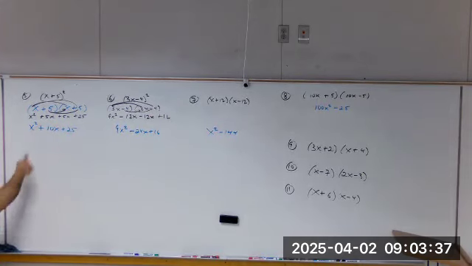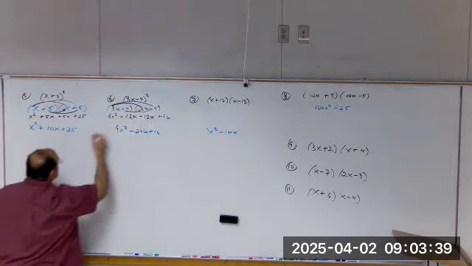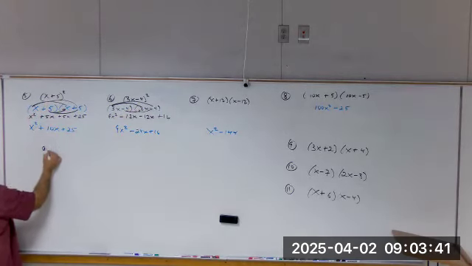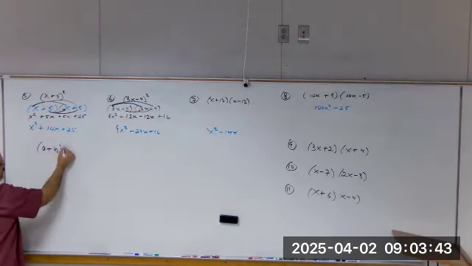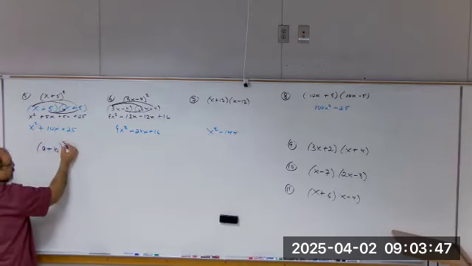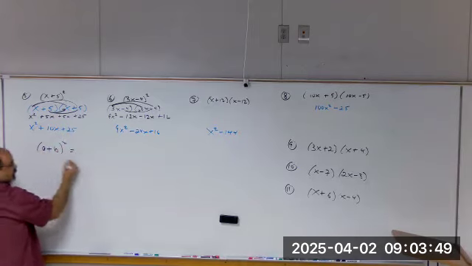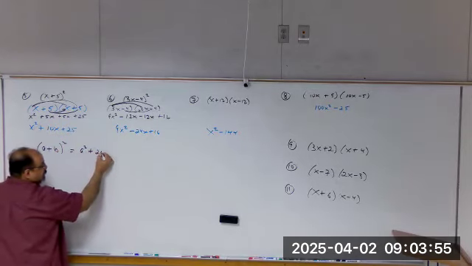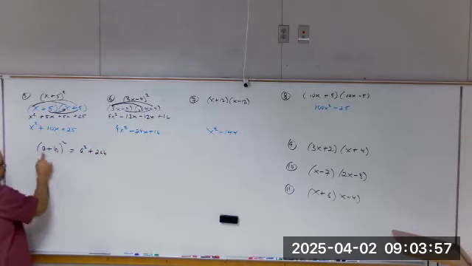So those special products that we just did, this is A plus B, perfect square. And we square the first one, and then you multiply A and B together, and you double it in the middle, 2 times AB.